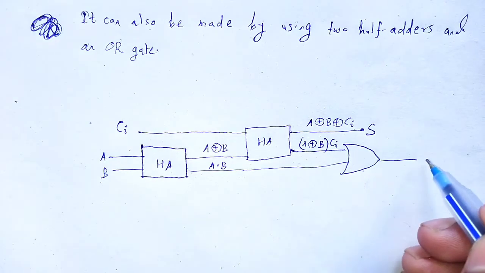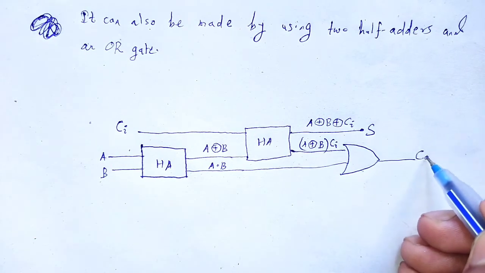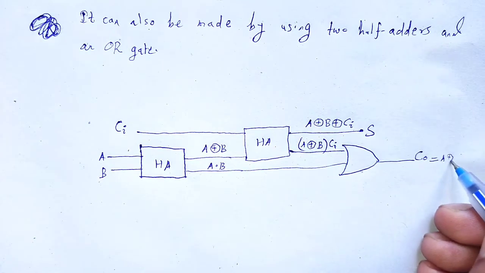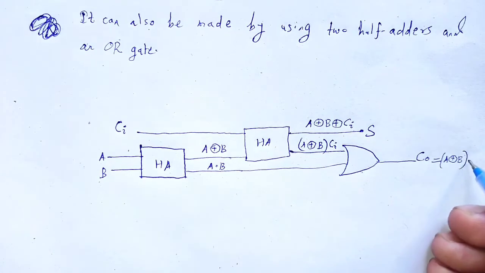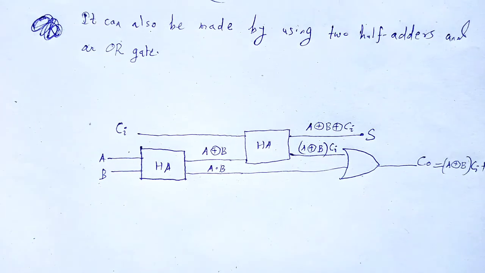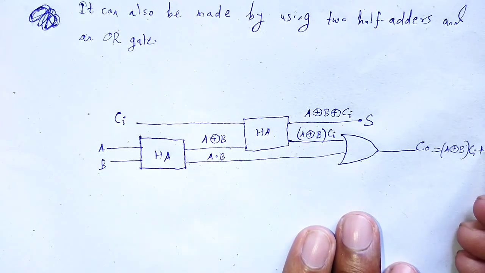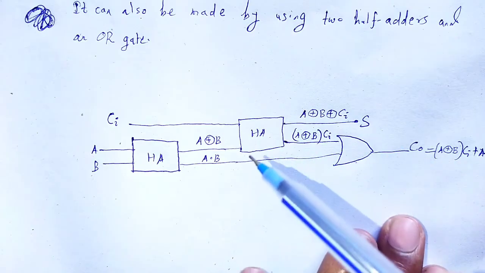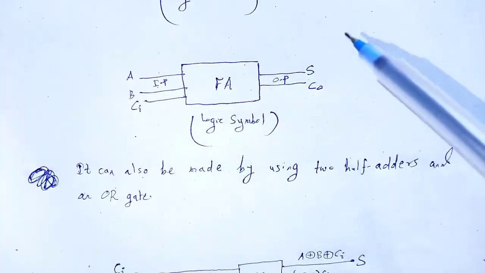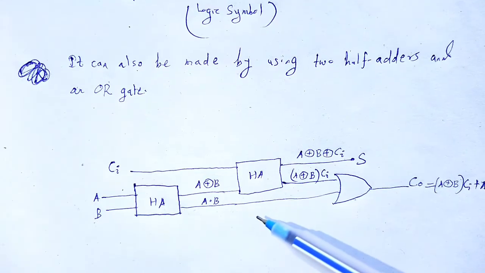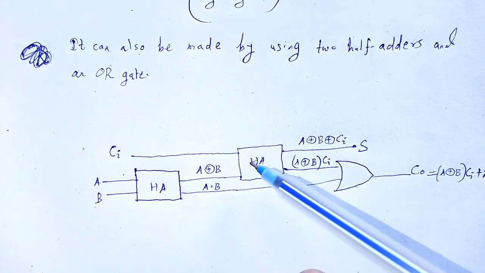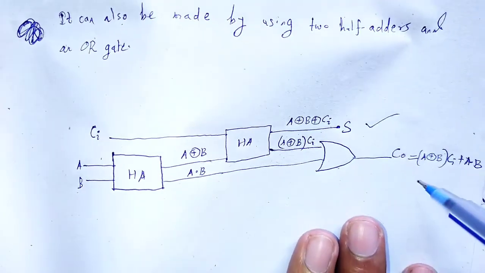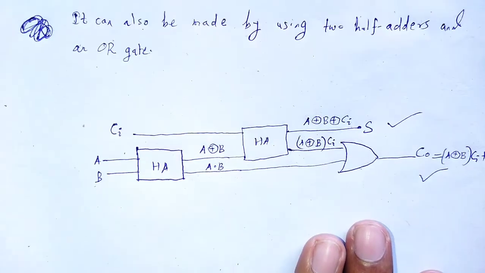So at output of that OR gate, we get carry output as A XOR B carry input plus A dot B. So instead of using that circuit, we can also get a full adder by taking two half adders and an OR gate. We have sum and carry output.